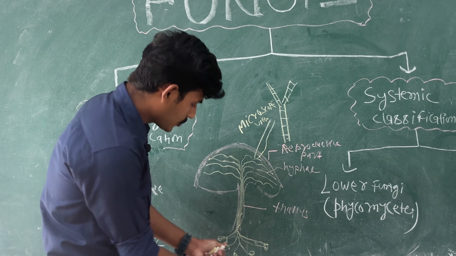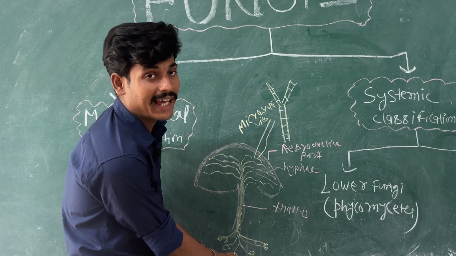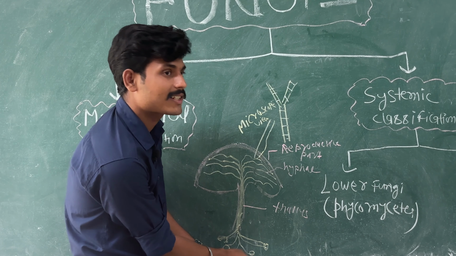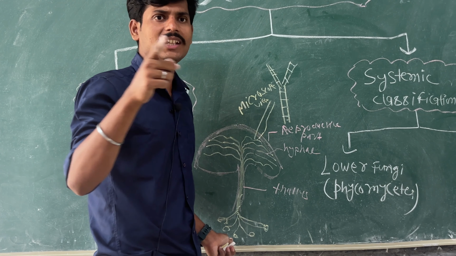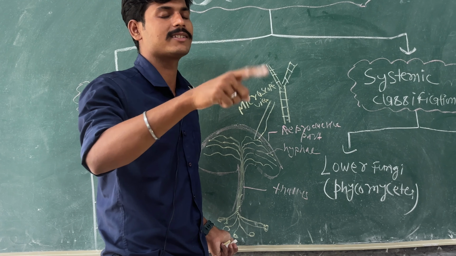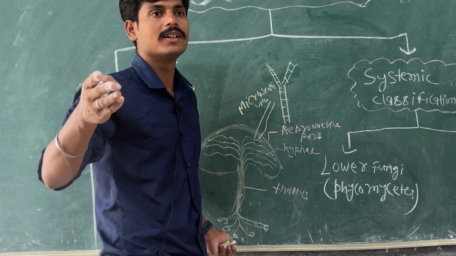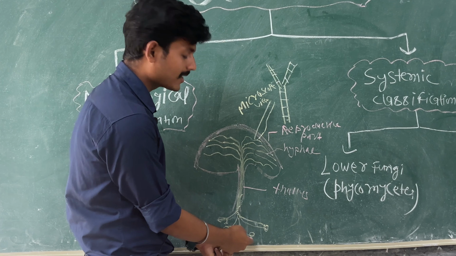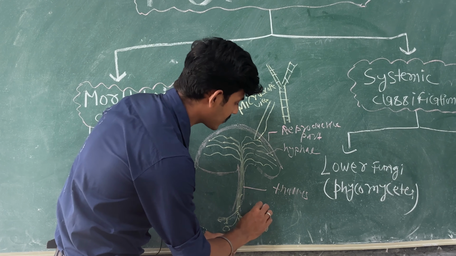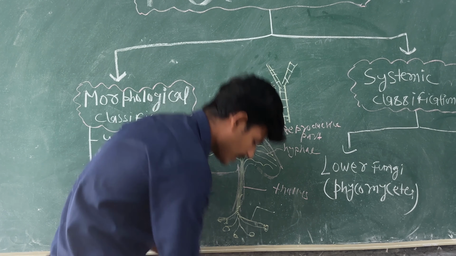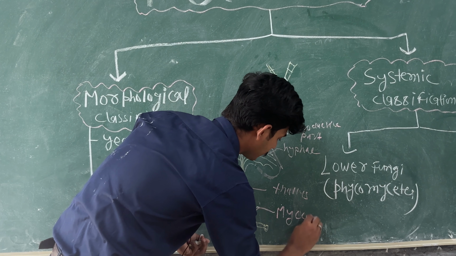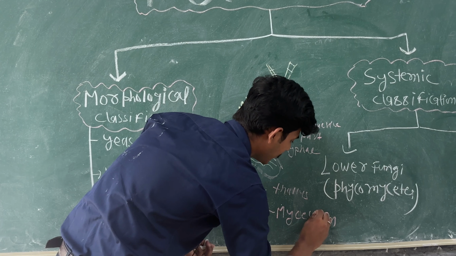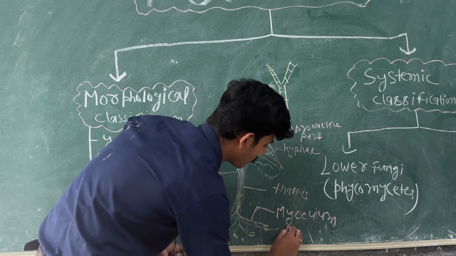And you see that at the terminal end, there is a round structure. What is this? This is the sexual spore. We have seen that during unfavorable situations, fungi perform spore formation through sexual reproduction. They will form the sexual spores. So write down: this is called the mycelium, and these are the spores.